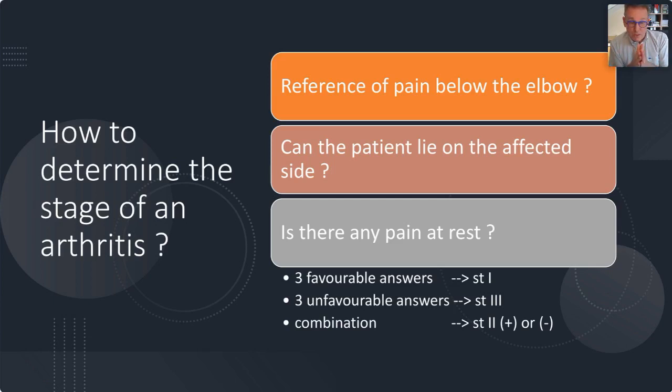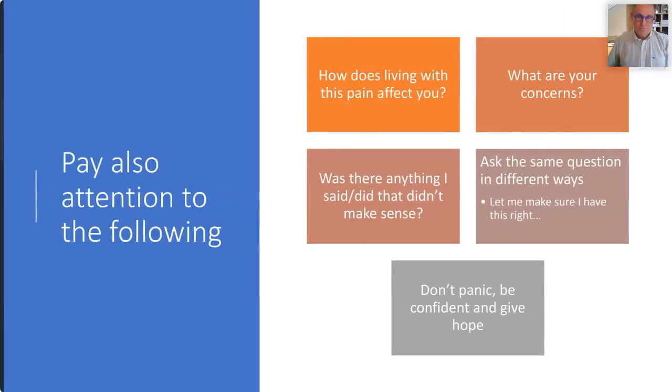If you get 3 unfavorable answers, a lot of radiation, constant pain, I can't lie on it, then it's pretty much irritated. It's stage 3. And why is that important? Well, the treatment of a stage 1 is completely different than the treatment of a stage 3. Not a little bit different, completely different.